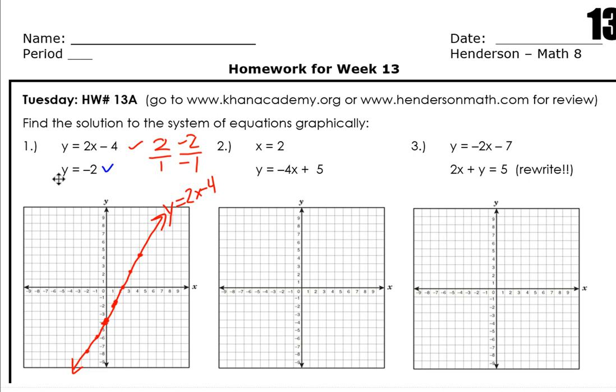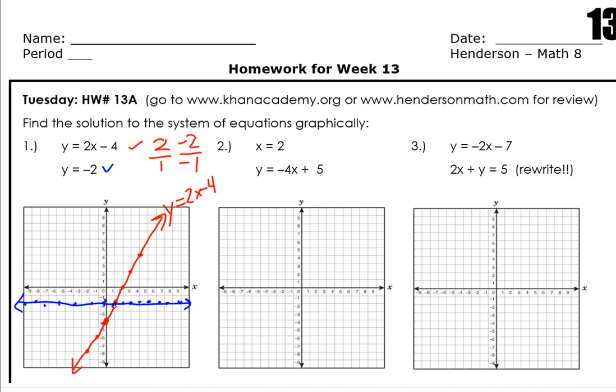I'm going to cross the y-axis at -2, and all of my points have to have a -2 in the y-coordinate. So this gives me a horizontal line that runs from left to right, never touching the x-axis because I have no x in my equation. I have a y only, so I'm going to cross only over the y-axis, always at -2 here.